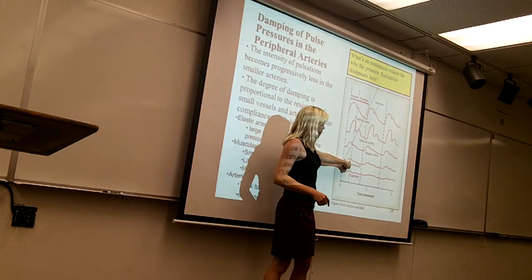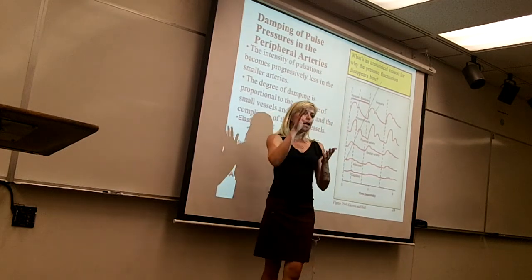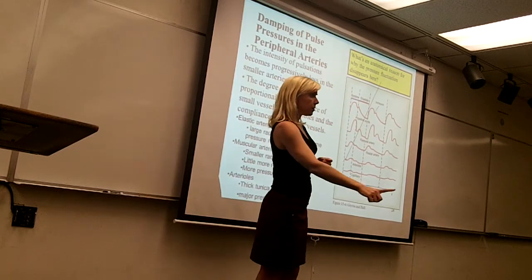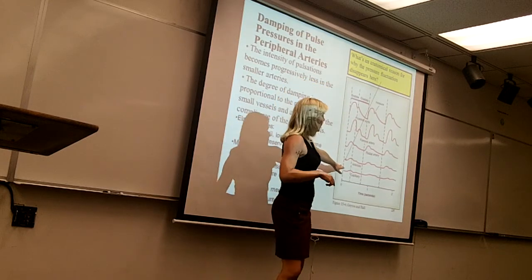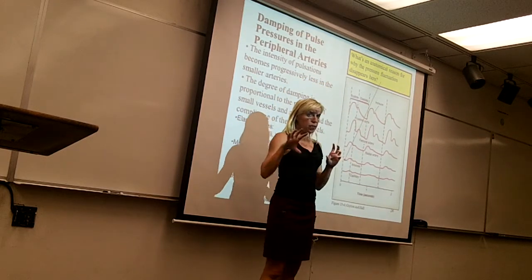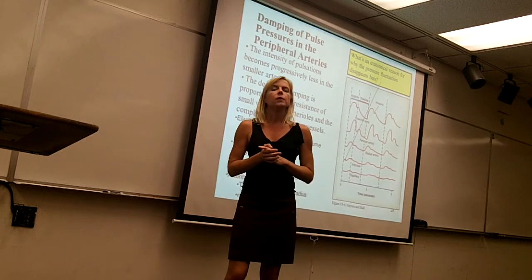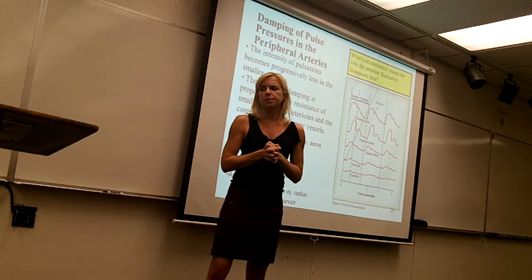And certainly when we get to an arteriole leading to a capillary bed, we're going to see a huge dampening of that systolic, diastolic, erratic pressure changes. That's good because we want it to be more even-keeled before we get to the capillary beds. We wouldn't want them to experience that pulsatile nature. They would be shredded to bits.